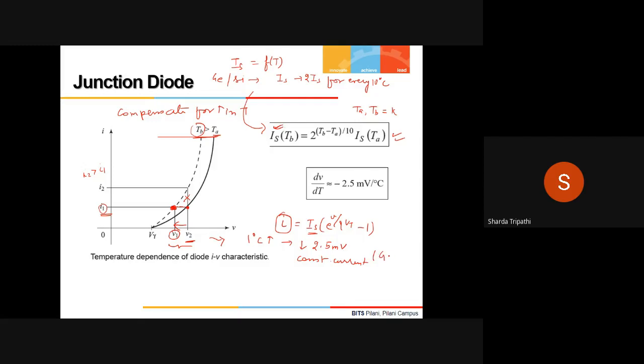And this is true both for germanium as well as silicon diodes. So this gradient of voltage with respect to temperature is given by minus 2.5 millivolts per degree Celsius. That means for every 1 degree increase in temperature, the reduction in voltage that I should do in order to maintain constant current is 2.5 millivolts. Okay?